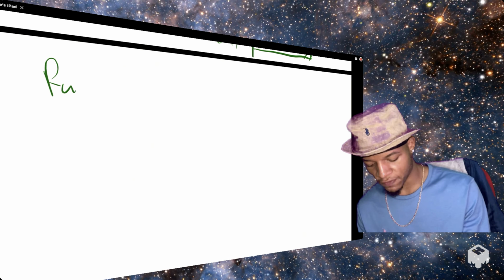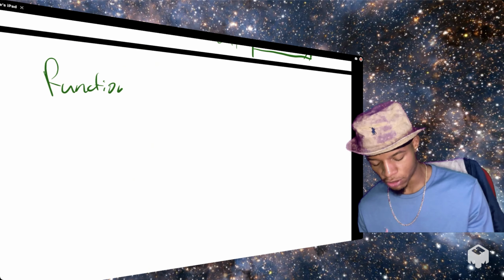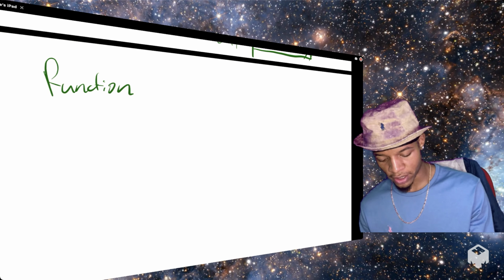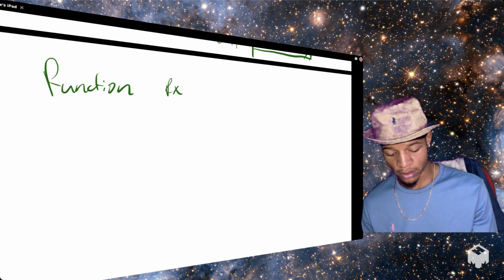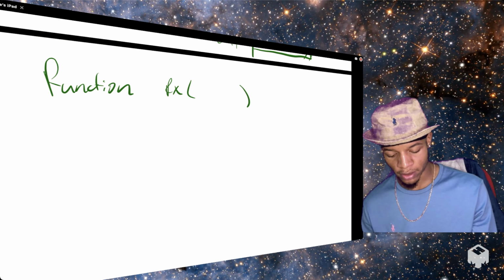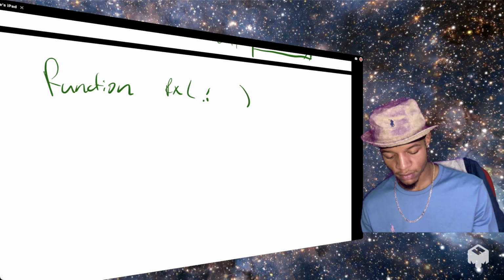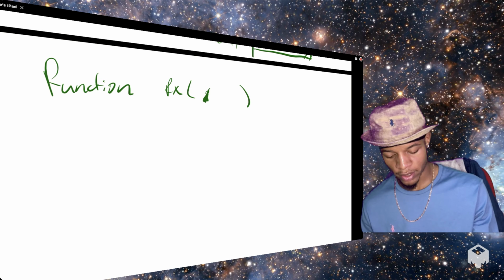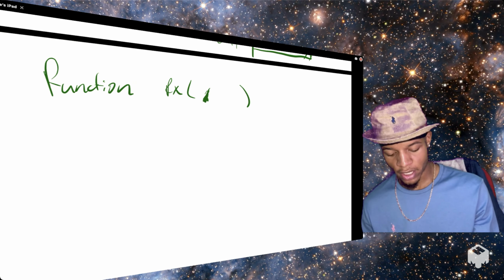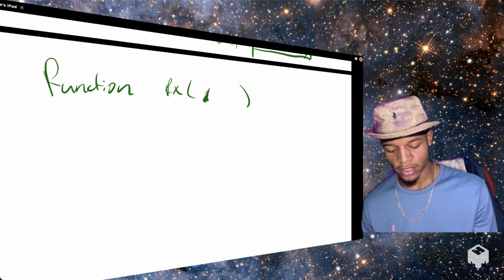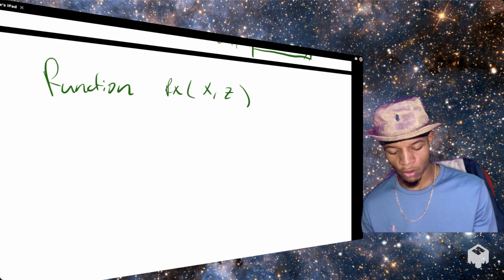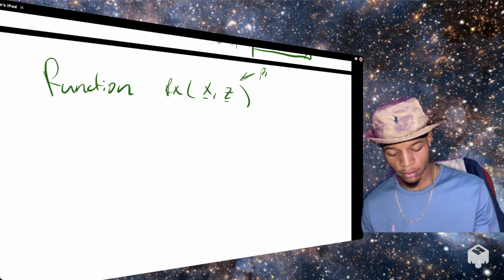So let's see, we got this one syntax that goes function, and then we get the function name. So let's go f of x, and then we do our parameter list. Let's just go x and z. These input values are called parameters.